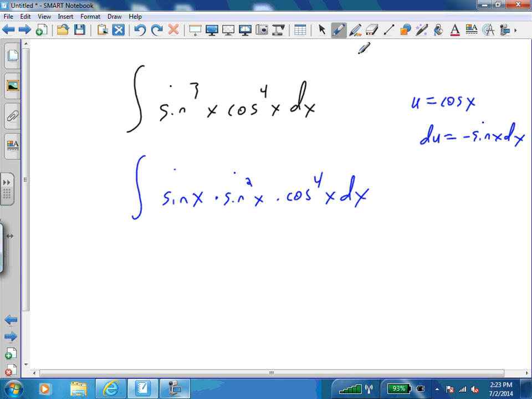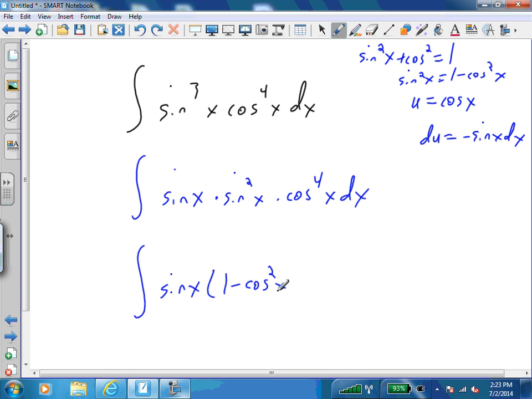Well, remember that our Pythagorean identity is sine squared plus cosine squared equals 1. Or if we solve that for sine squared, it is 1 minus cosine squared. So where we have a sine squared, let's change that to 1 minus cosine squared.